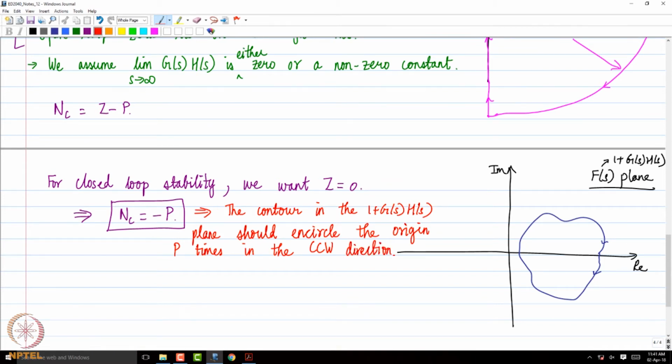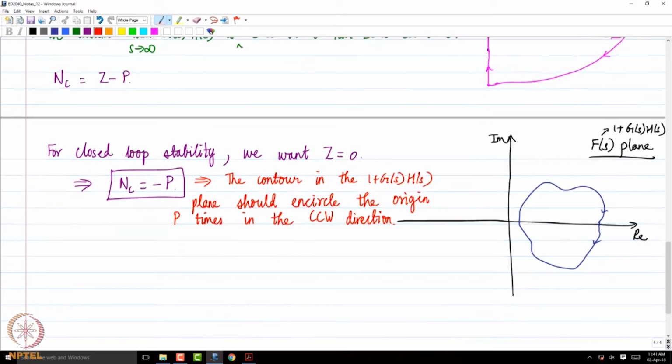Do you agree? That's what is required for stability. We are not done yet. We are only halfway through. So that's what this equation tells me.